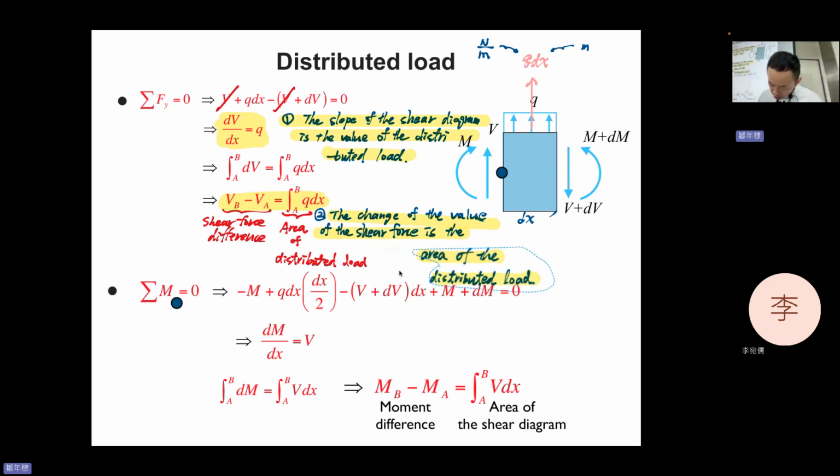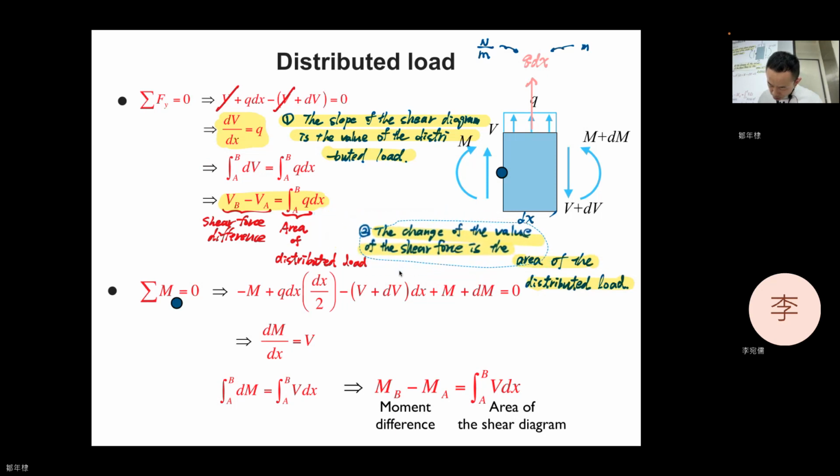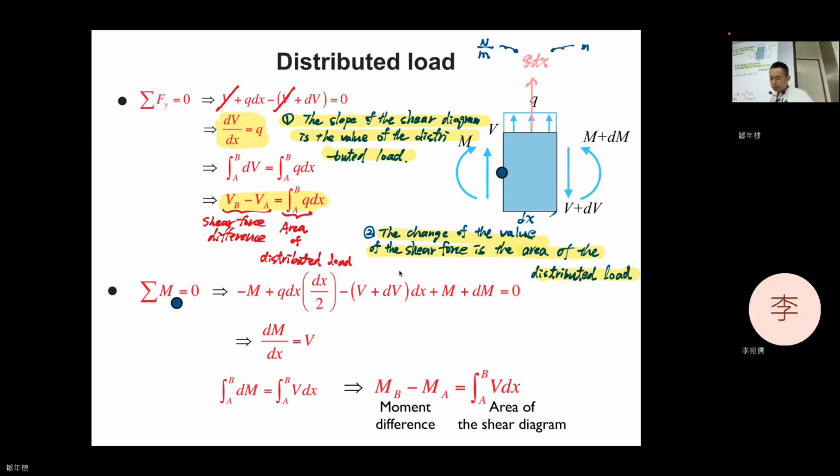Let me explain once in Chinese: after force balance, we find that dV over dx equals q. dV over dx is the slope of the shear diagram, so the slope is q. So the slope of the shear diagram is the value of the distributed load at the corresponding point. If we translate to English, the slope of the shear diagram is the value of the distributed load.